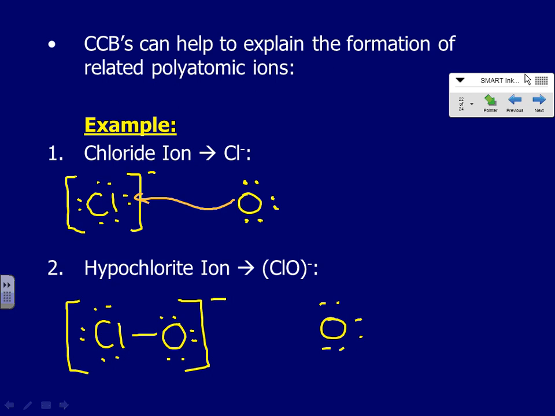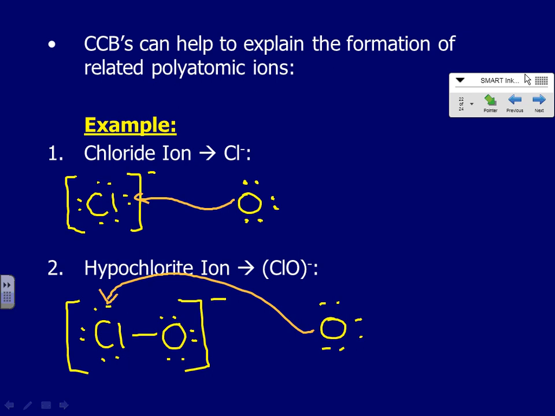It has a high electronegativity too. Oxygen holds its lone pairs really tight. Chlorine's electronegativity is close to fluorine, but it's not as high as oxygen's. So again, the oxygen connects to the chlorine.